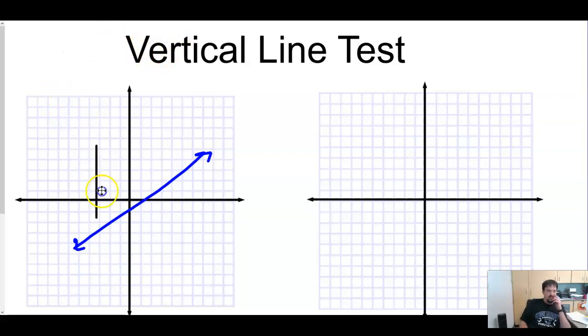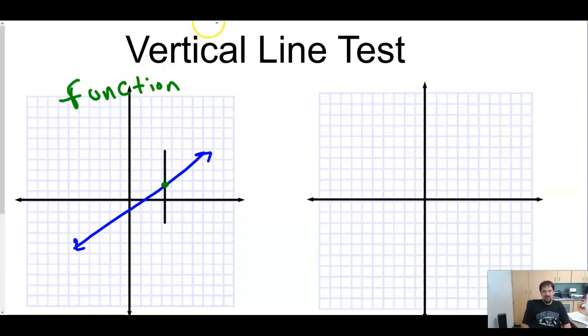Basically what that means is if I take this line and I go over this graph, am I ever covering more than one point? I'm not. I'm only ever covering one point at a time. Like if I leave it right here, I'm only covering this one point. So if I were to move it, then I'd only ever be covering one point at a time. So this here is a function because it passed the vertical line test.